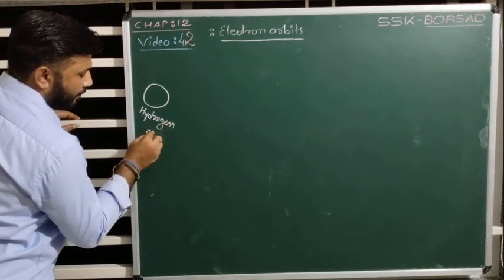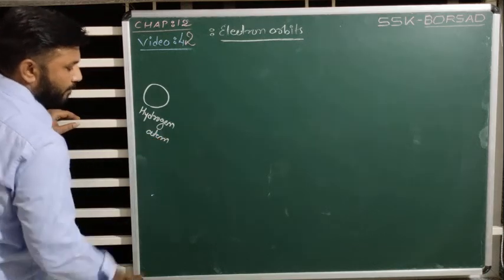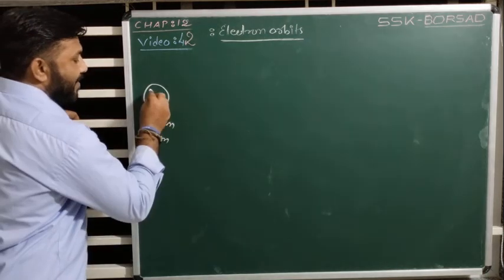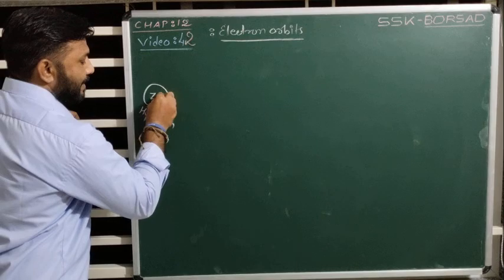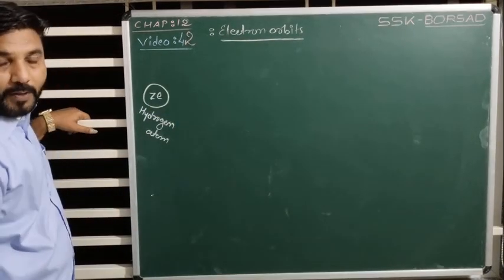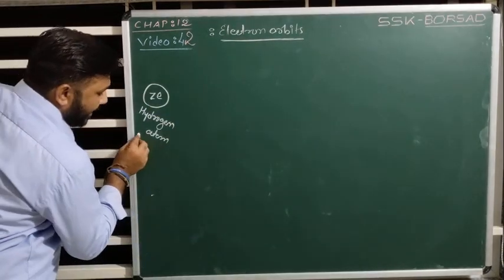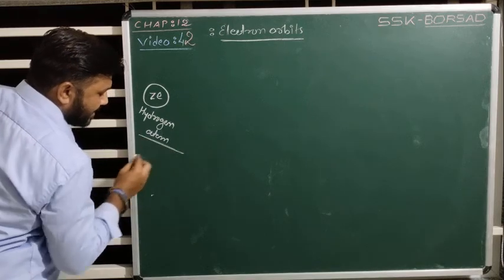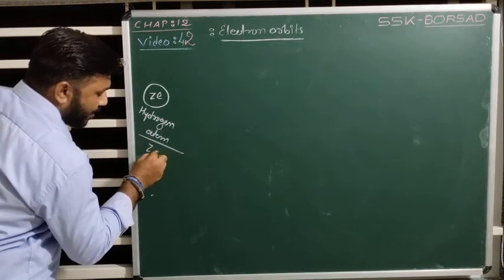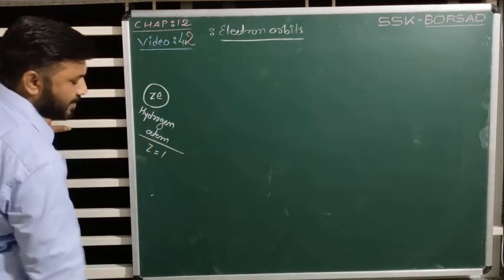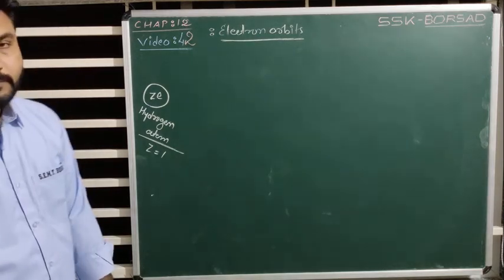Hydrogen atom. This nucleus has charge, how much? Ze. If it is a hydrogen atom, Z is its atomic number and it is taken as 1.